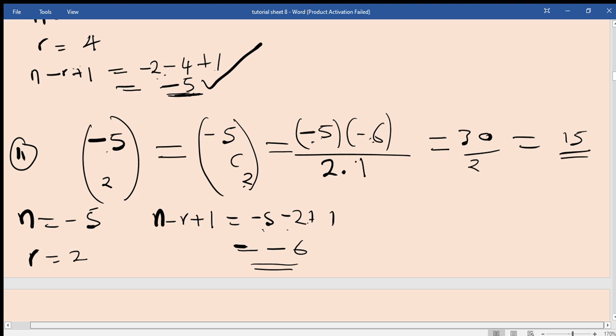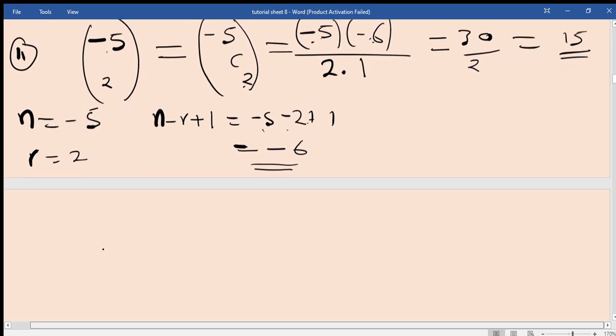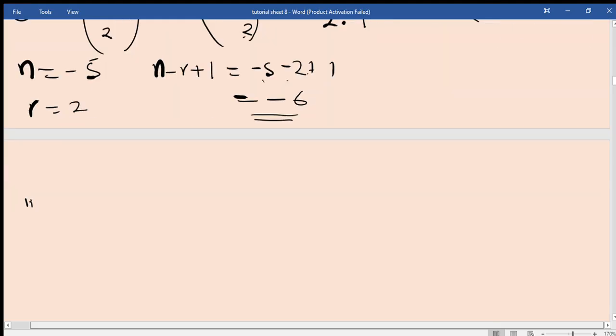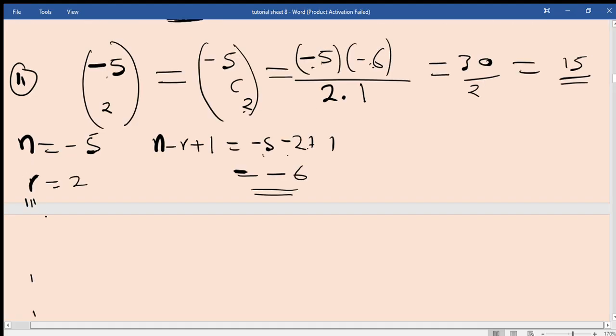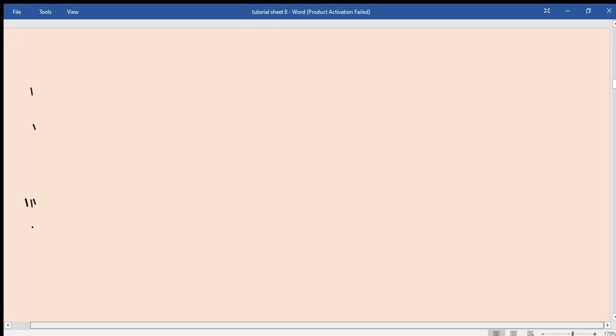As simple as that. The same is happening when we have 1 over 2 combination 2.